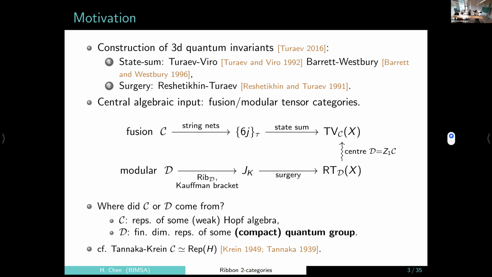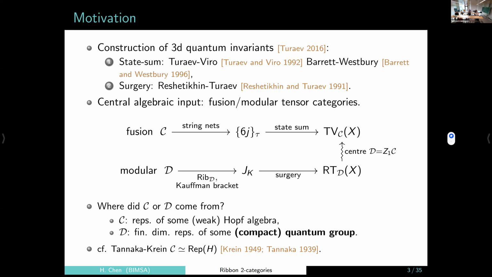For the fusion case, you can just look at some finite dimensional semisimple Hopf algebra.